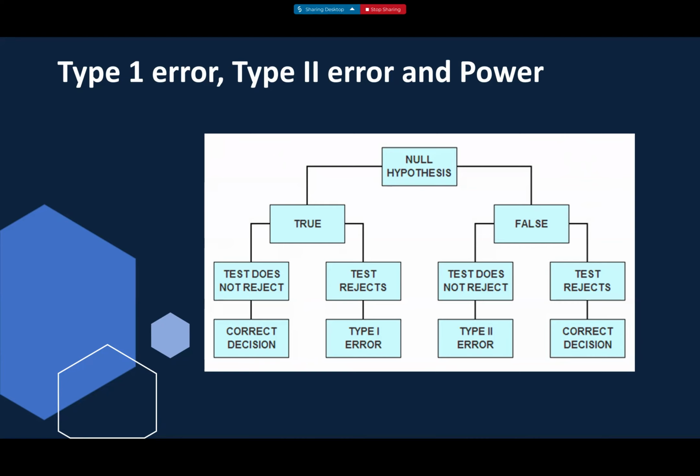Likewise, if the null hypothesis is false and the test does not reject it, you made a type 2 error, which is a false negative. And if the null hypothesis was false and you rejected it, you made a correct decision. So this is how power, type 1 error, and type 2 error are related to each other.